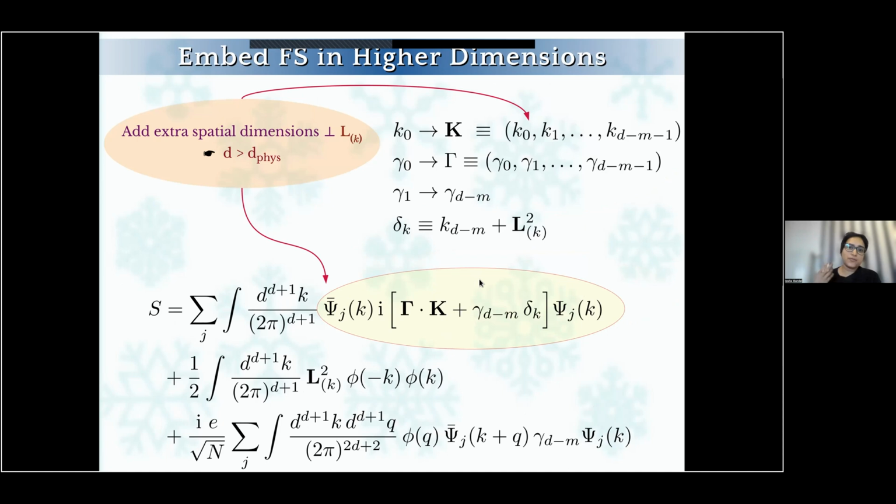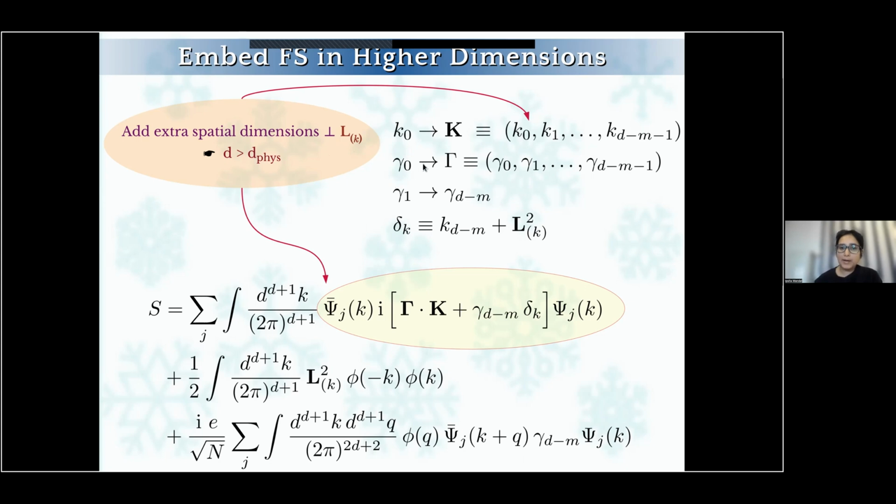But now to perform dimensional regularization, we have to add some extra dimensions perpendicular to the Fermi surface, or perpendicular to the Lk momentum. So superficially, we are increasing the total dimension of the system above the physical dimension. We are doing this by promoting K0 to a vector capital K, which has many components, depending on how many dimensions we are adding.